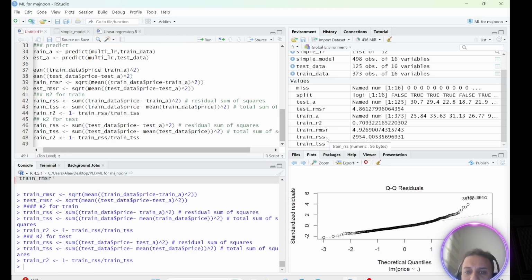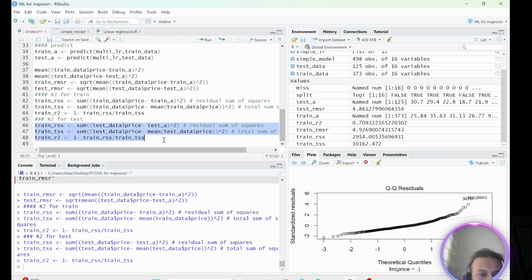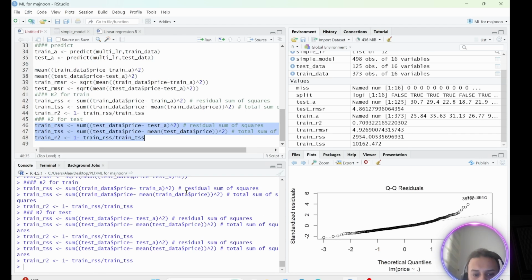Where is the test r square? We don't have the test r square. Okay, this is test A, test data price, mean of test data. Let me run it again. Okay, it's working properly.